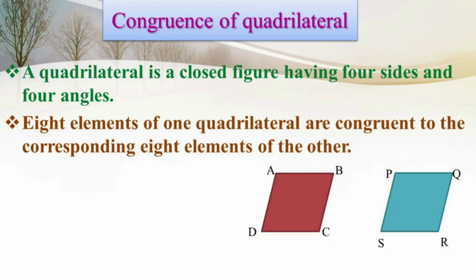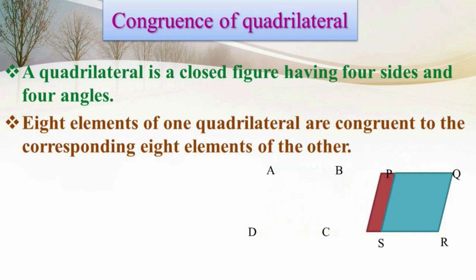How to find that? Yes, the method of investigation is the superposition method. By doing this, exactly the quadrilateral ABCD coincides with the quadrilateral PQRS. So, now what are the 8 elements to be concurrent?